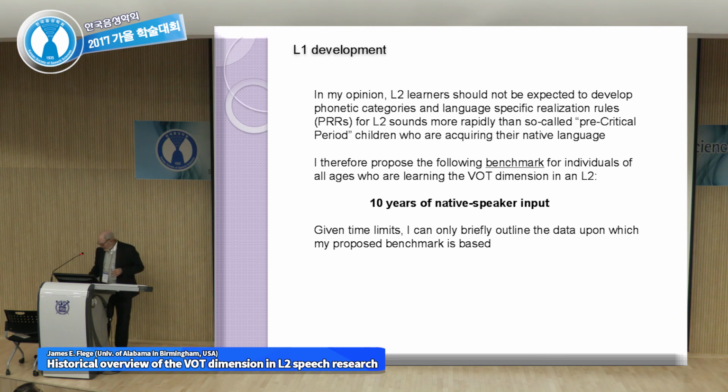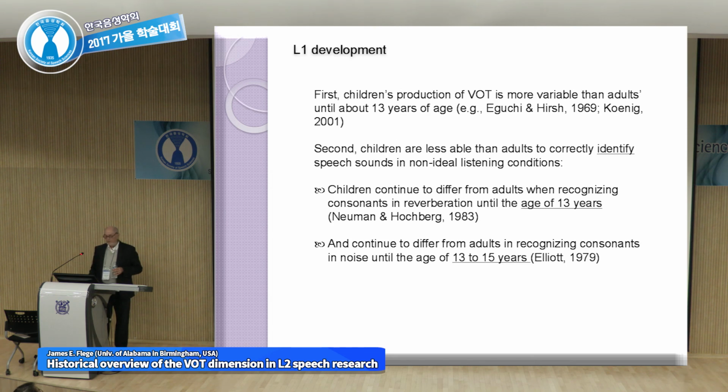Given time limits, I can't review all of the data upon which this benchmark is proposed, but very briefly, to begin, children's production of VOT, in English at least, is more variable than adults' until about 13 years of age. Second, children are less able than adults to correctly identify speech sounds in non-ideal listening conditions.